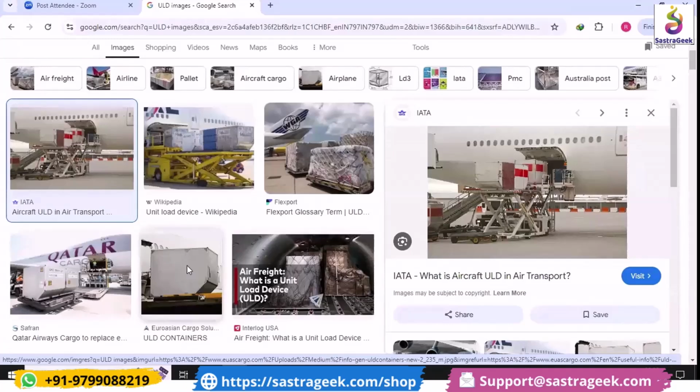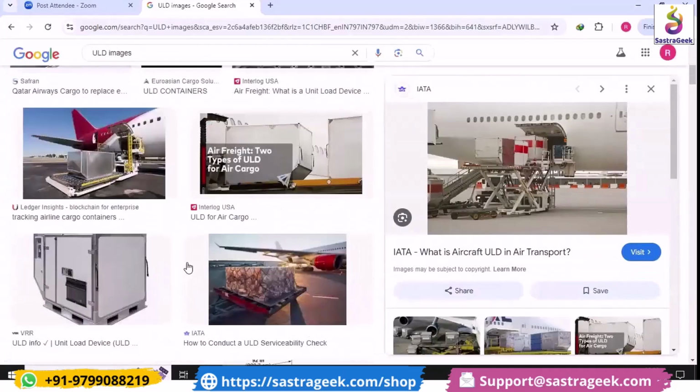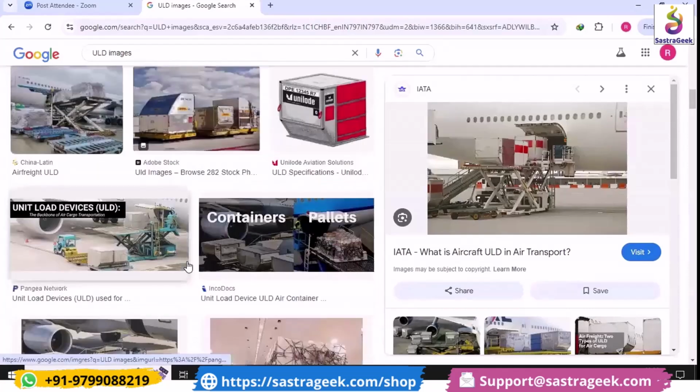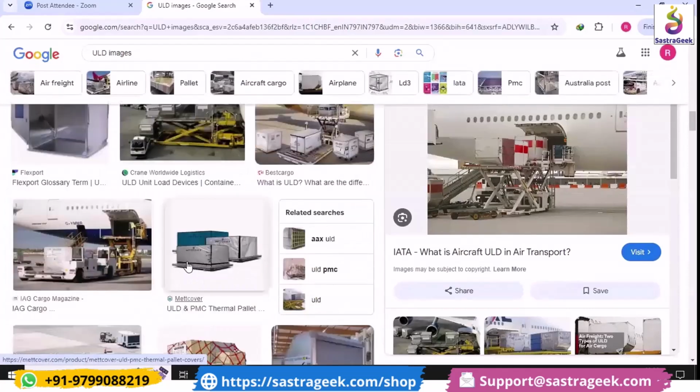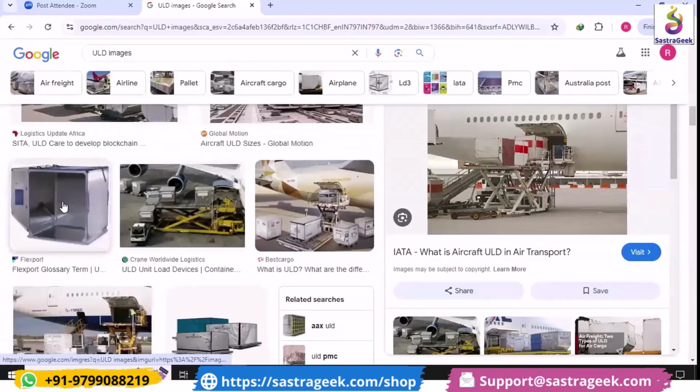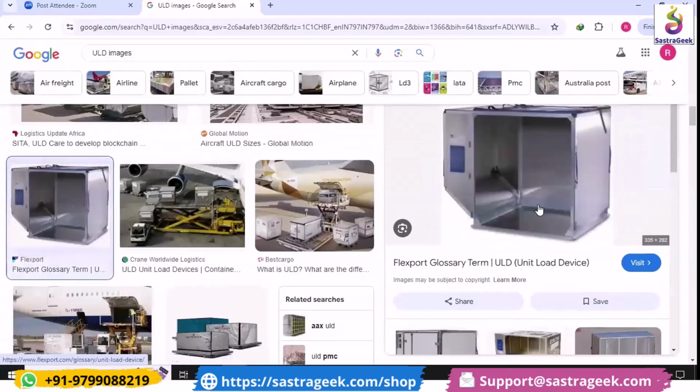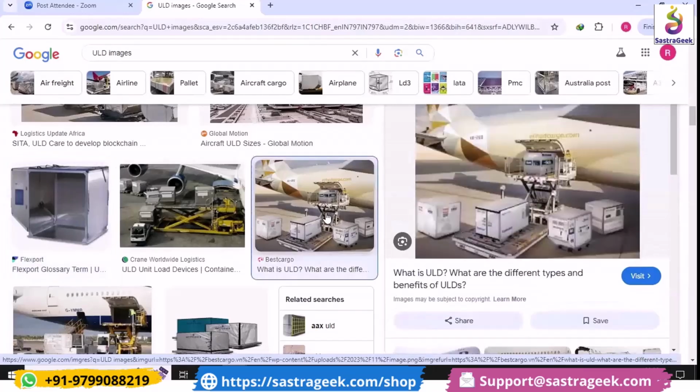These unit load devices are very lightweight material designed objects. Very light, I would say. Somewhere like this, you can see that. Very lightweight material design, which can contain your items or products inside it, and that can be tagged up to the relevant airline. And these are designed based upon the specific aircraft size only.